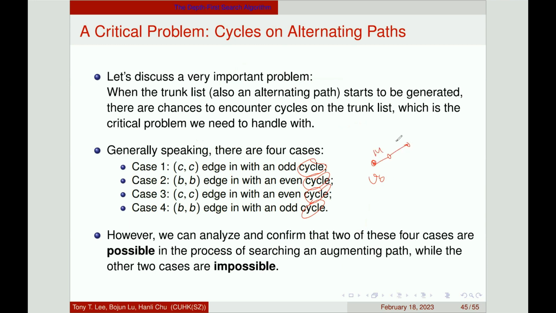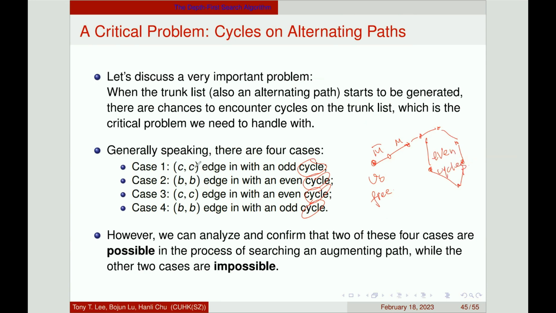One in M, one not in M, one in M, because this is free with respect to M, and so on and so forth. So when we search an alternating path, there is a crucial problem. That is, we may encounter cycles, and especially we care about even cycles.